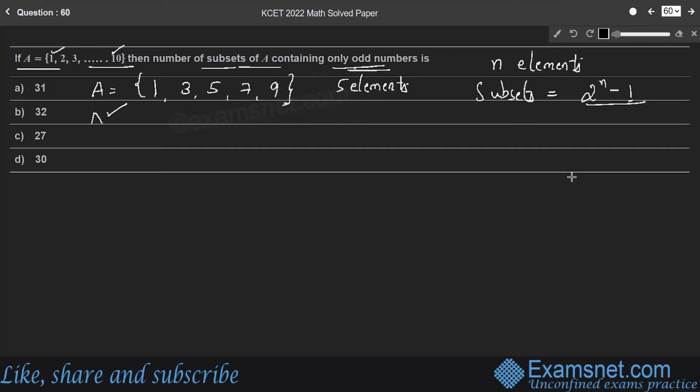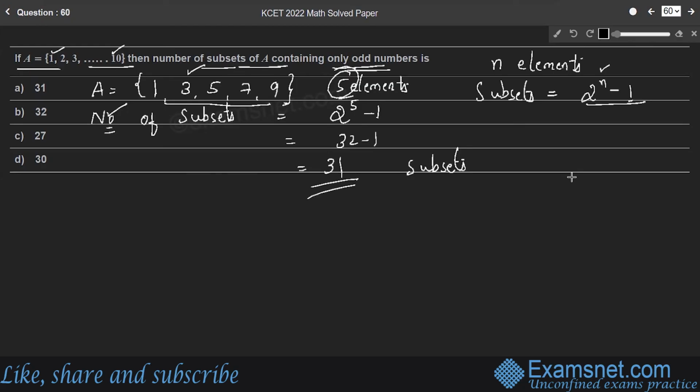So the number of subsets is equal to 2 raised to n minus 1, where n is the number of elements, which is 5. Therefore it is 2 raised to 5 is 32 minus 1. Therefore, 31 subsets can be formed using these 5 elements, because the number of odd numbers from 1 to 10 is only 5. So the number of subsets of A containing only odd numbers is 31. Option A is the right answer.